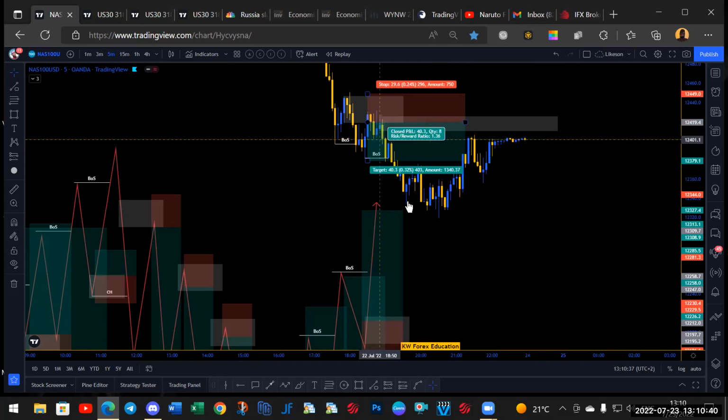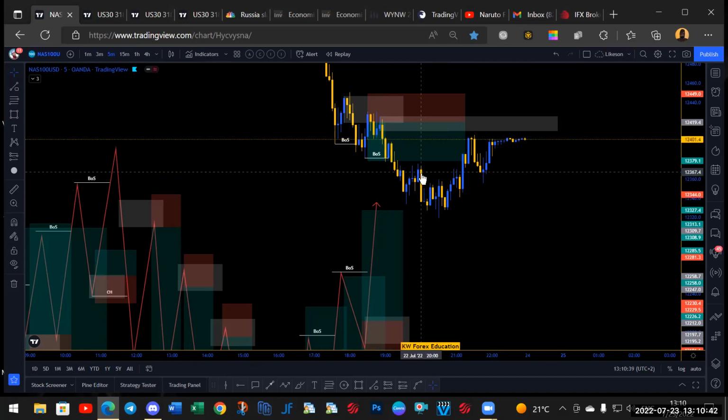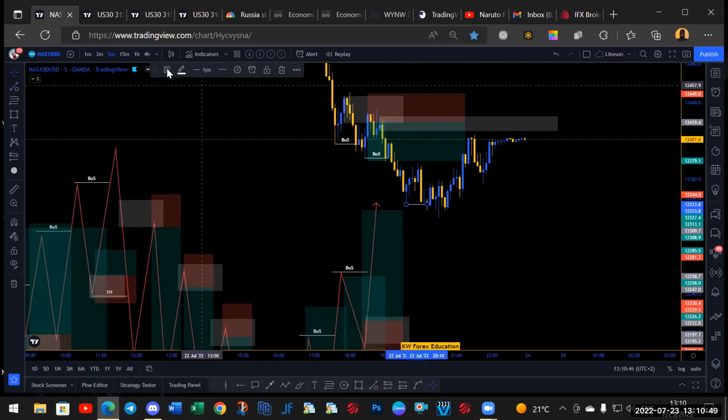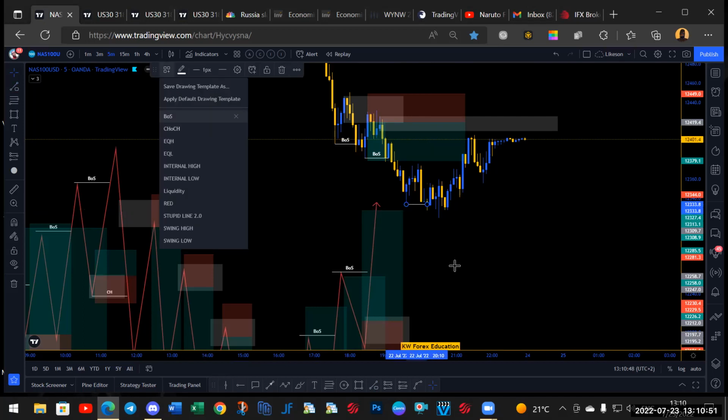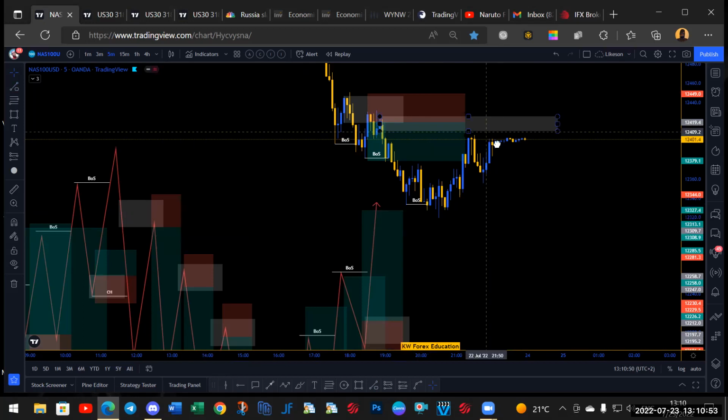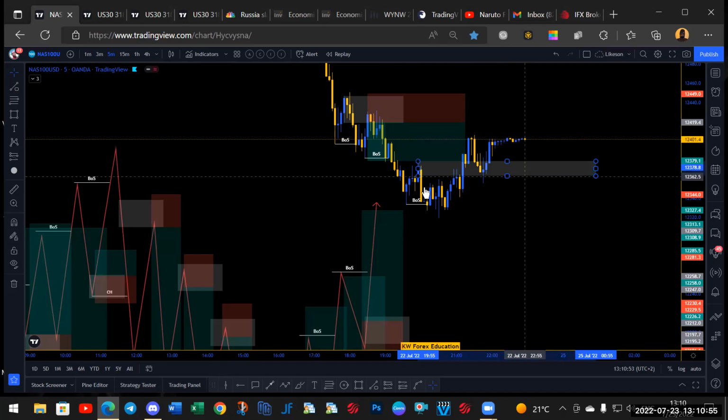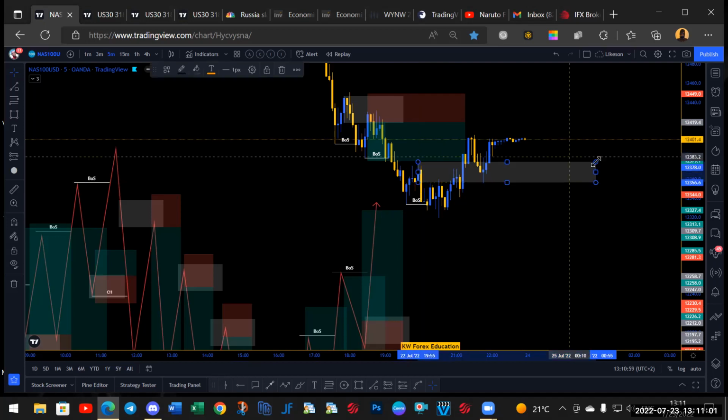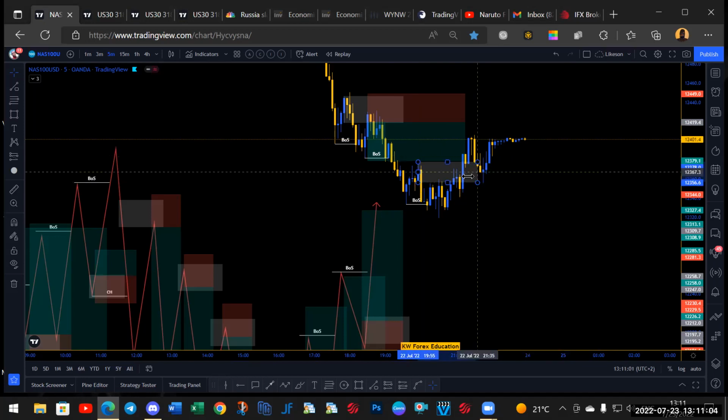Price came down, went to the break of structure, there, break of structure. Delete that one, a new supply is here. A new supply is there.